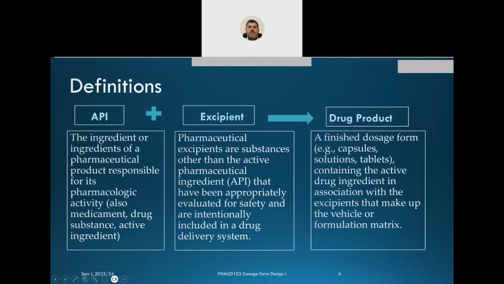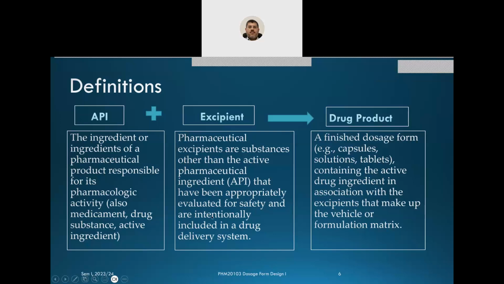So if somebody invented a new excipient for certain functionality, then some of the requirements of the approval of this excipient to be used is to evaluate its safety. Once proven to be safe, then they can be approved and can be used.